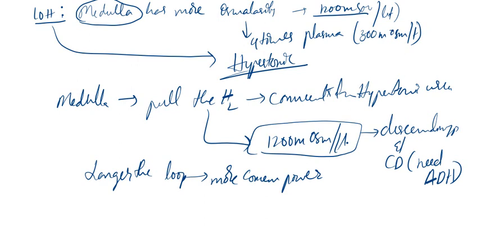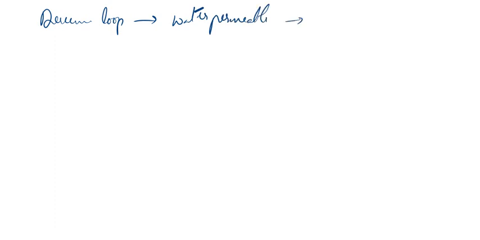Now the descending loop is actually water permeable. So obviously it forms a hypertonic urine, because water is permeable and gets reabsorbed. The descending loop, which receives the urine, obviously receives a hypertonic urine.